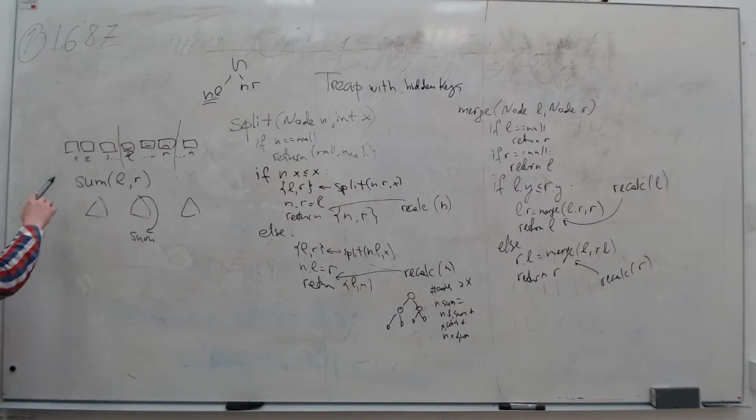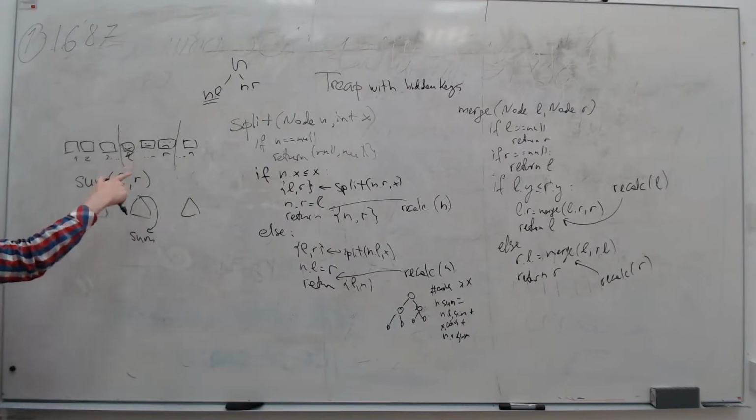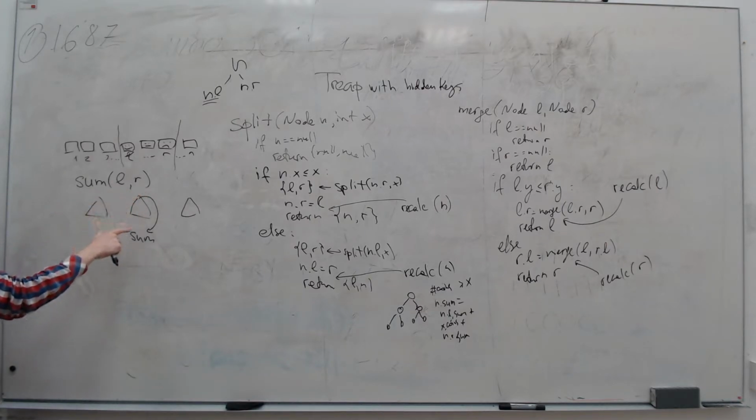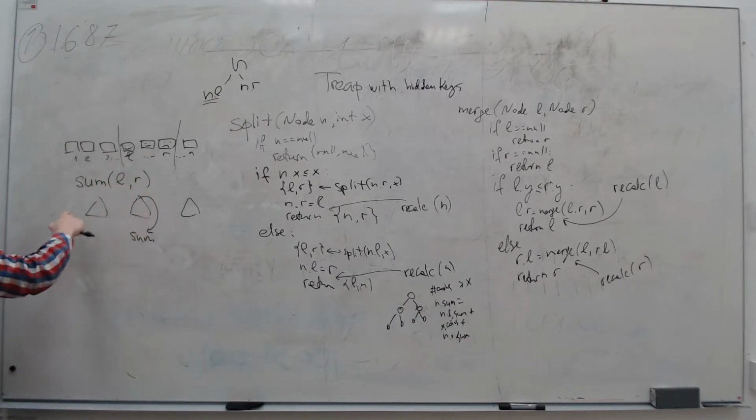If you know that all your persons are enumerated from 1 to n, and their keys correspond to the number, then to answer the query of the sum from L to R, you simply split by L, split by R, and take the sum that is maintained in the root of the middle tree.